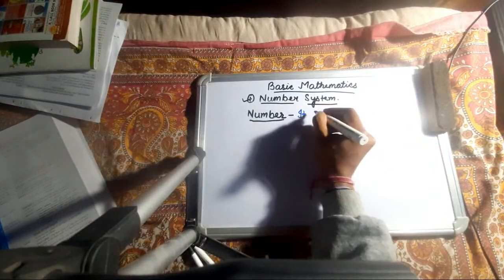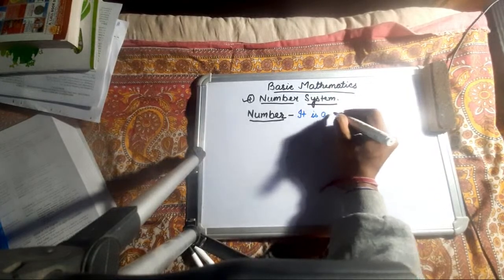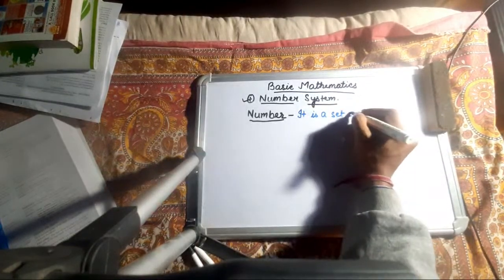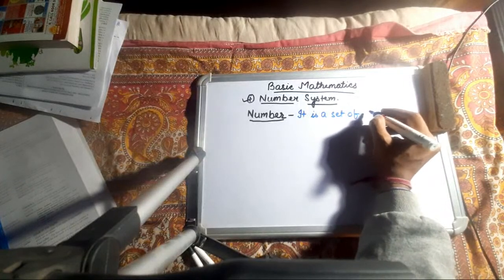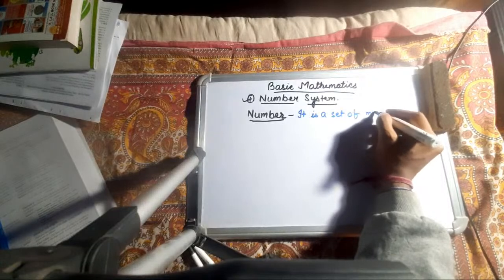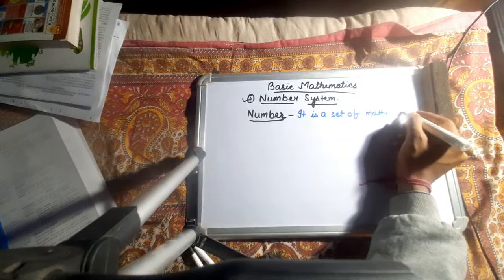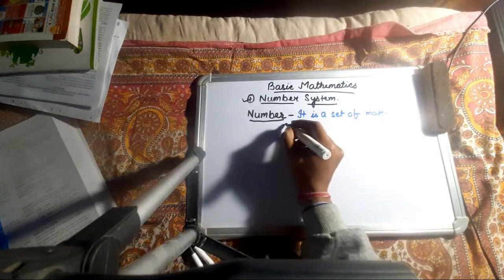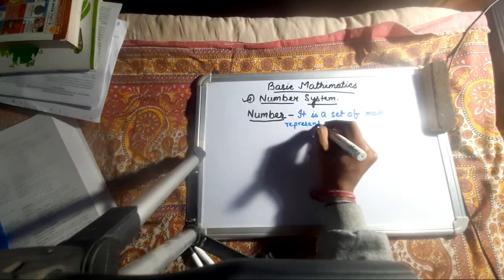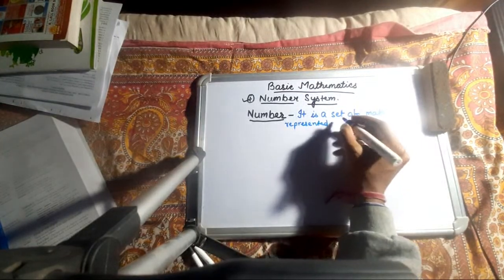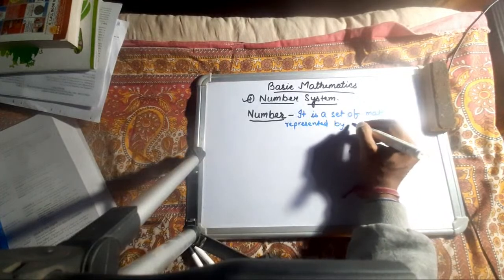So it could be defined as, it is a set of mathematical symbol represented by digits or group of digit or set of digit.